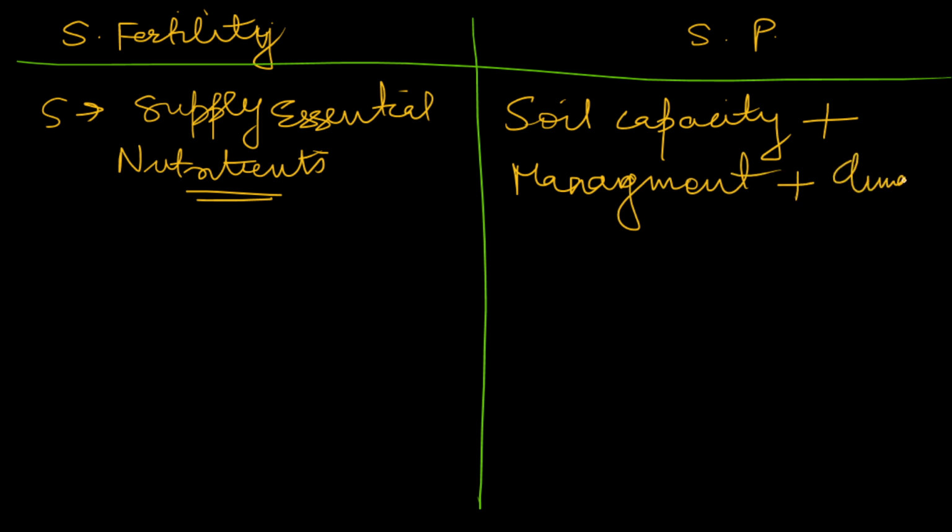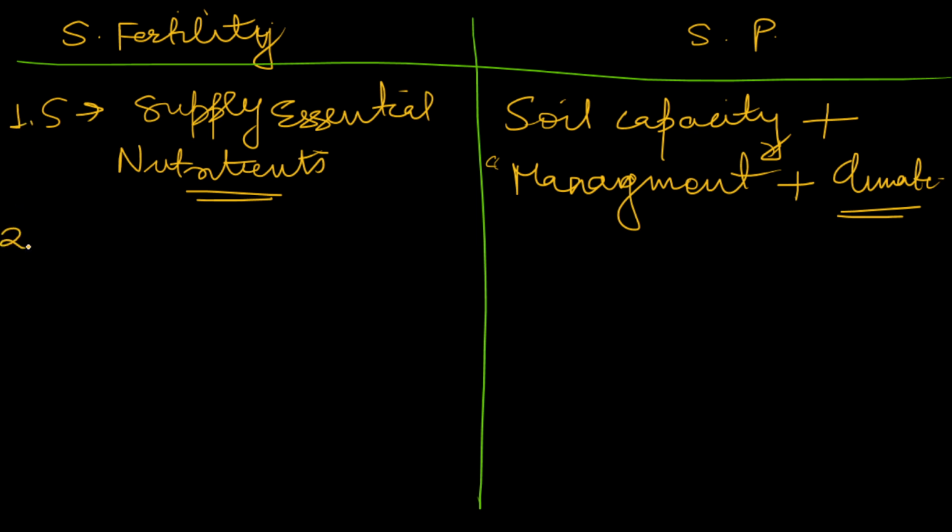Suppose a soil is very fertile but the climate is not favorable for the crop, it will obviously not grow. Fertility can be a part of productivity, but suppose the soil is only moderately fertile, if you manage it well, use manures and fertilizers well, it will be productive. So this is the common major difference which you should know.